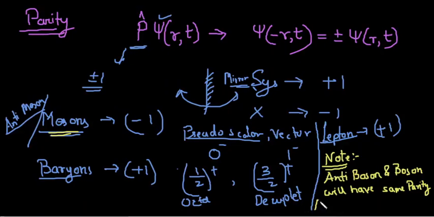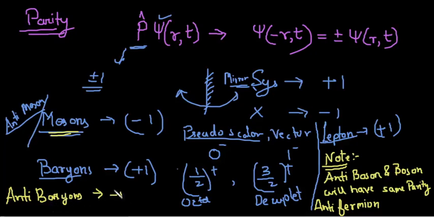But anti-fermions have different parities. That means, if we talk about anti-baryon, it will have the additive inverse, so anti-baryon will have negative parity and anti-lepton will have negative parity. So this is baryons, anti-baryons, leptons, anti-leptons, mesons, anti-mesons.